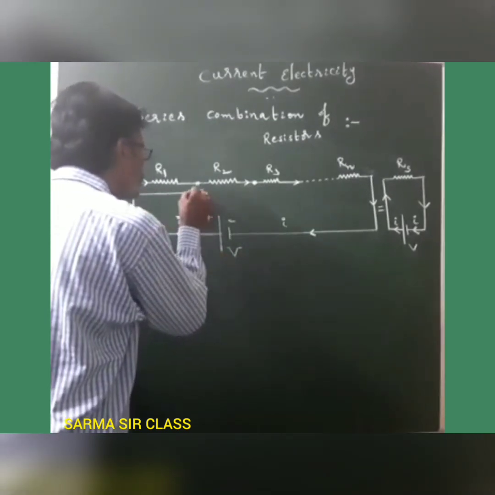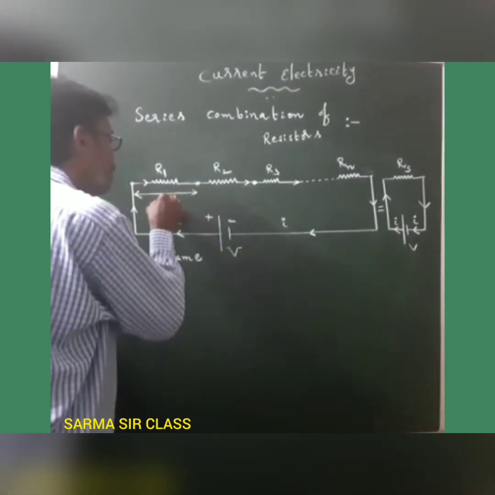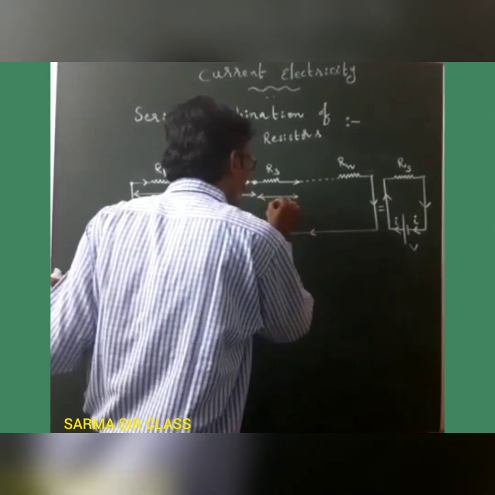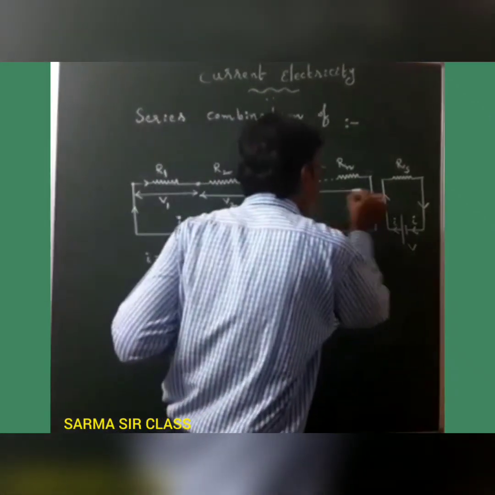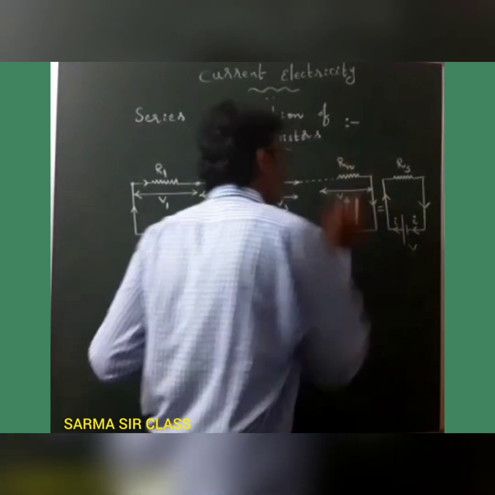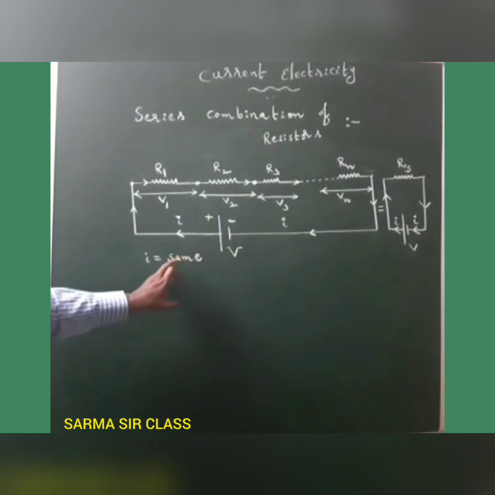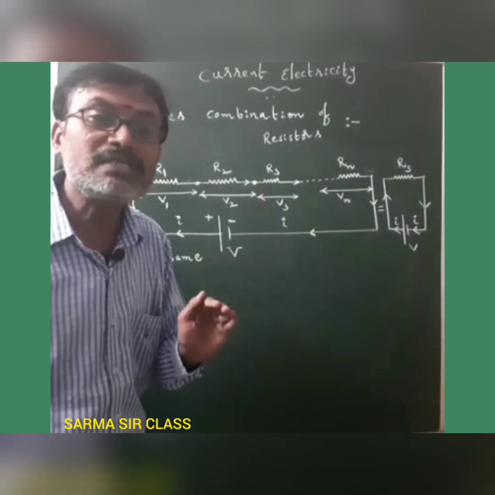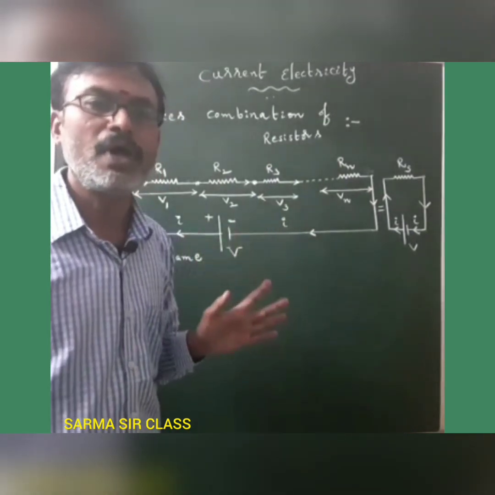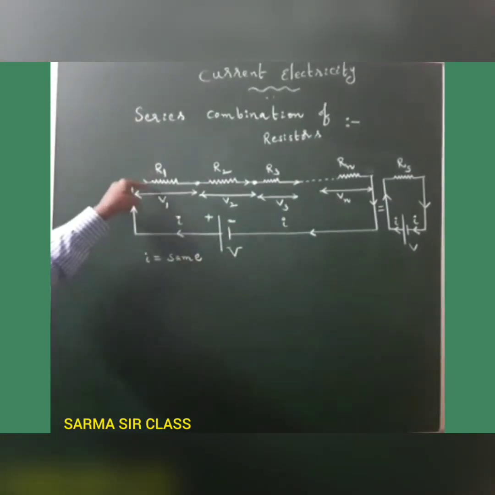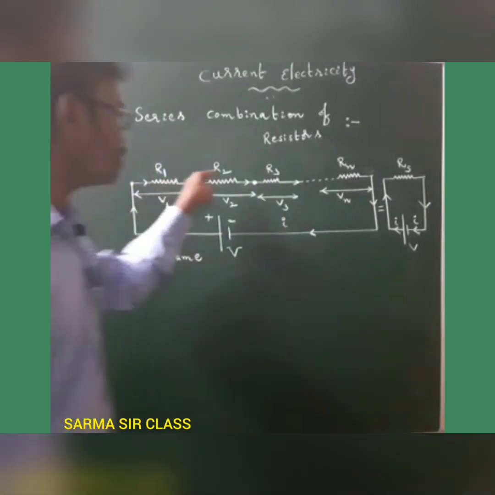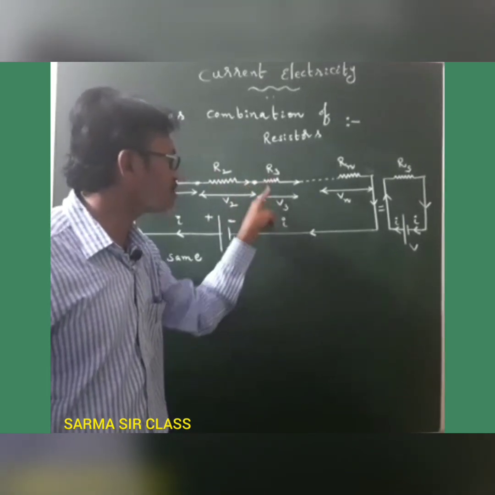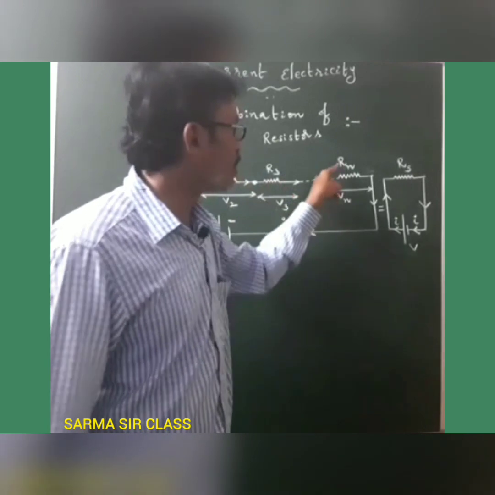The voltage across the first resistor is V1, the potential difference across the second resistor is V2, across the third resistor is V3, and across the nth resistor is Vn. Listen, the current passing through every resistor is the same, but the potential difference is not the same.